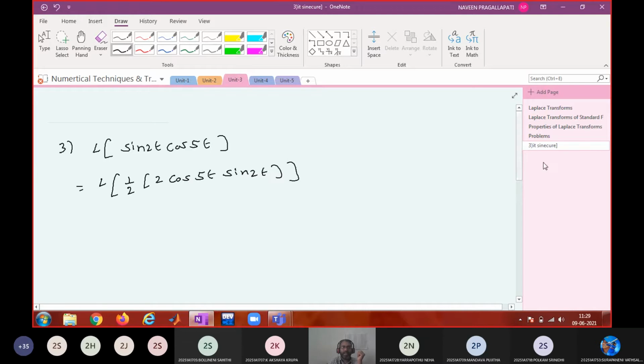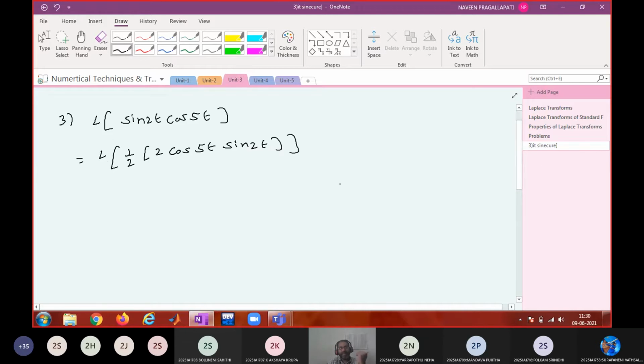Whenever you have a trigonometric product, try to write it as a trigonometric sum. So 1 by 2 can be taken outside. What is 2 cos a sine b? Sine of a plus b plus sine of a minus b. Is it plus or minus?